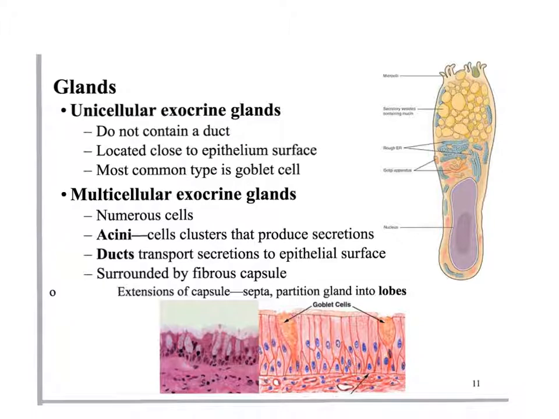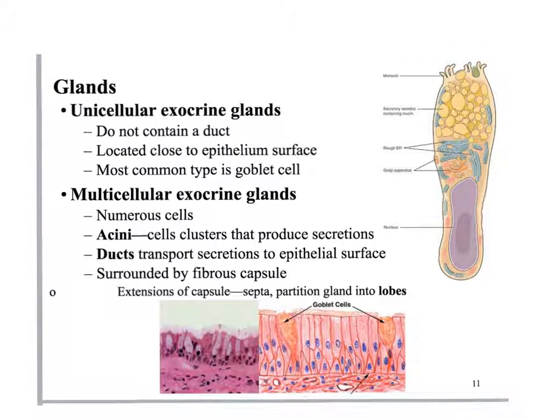So the unicellular glands, this is what it looks like over here on the right. Right here, goblet cell. Here are microvilli, little folds, but you have the secretory vesicles inside that contain mucin that's going to be secreted off the top and eventually onto the cell surface.